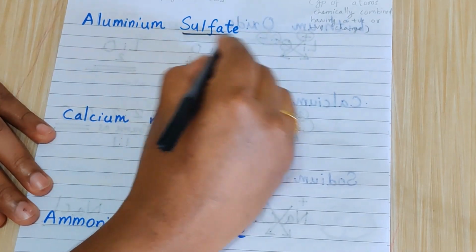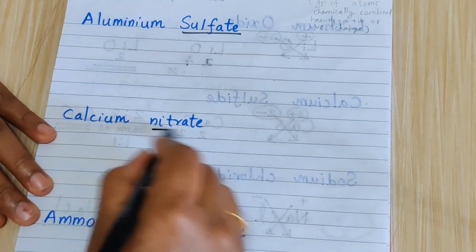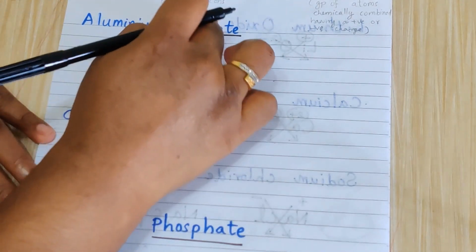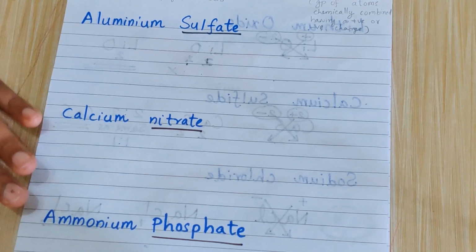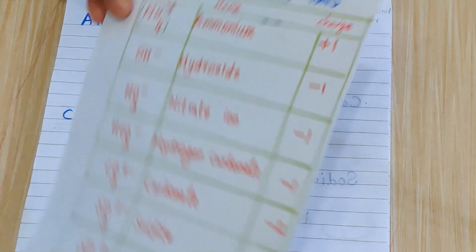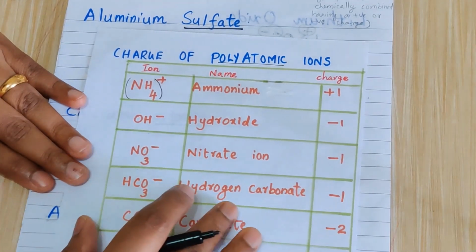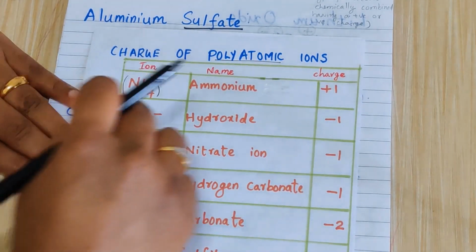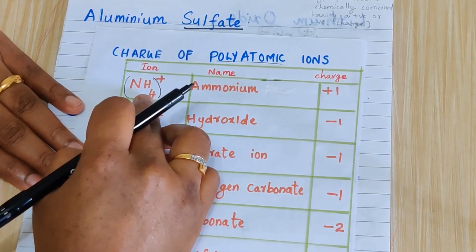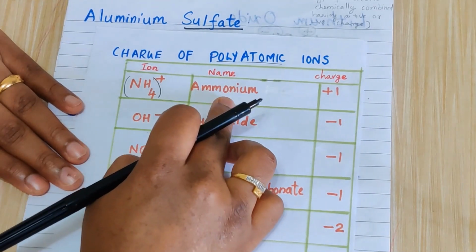Now we have to check the chemical formula of ionic compounds with polyatomic ions. Here sulfate is an anion, nitrate is an anion, phosphate is an anion. These are all polyatomic ions. Just go through this chart. The first one is NH4 plus, that is called ammonium.